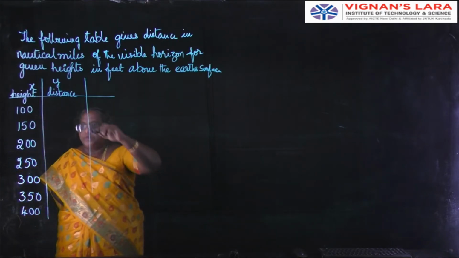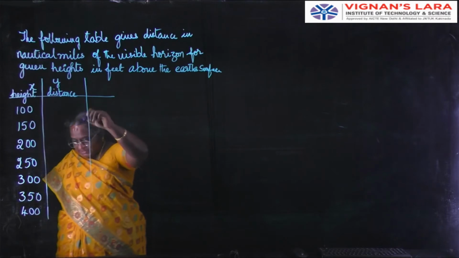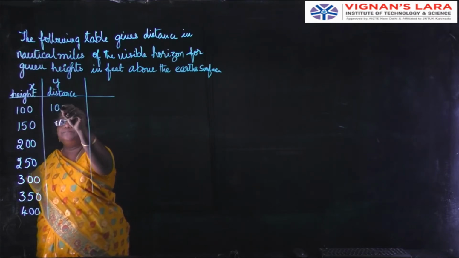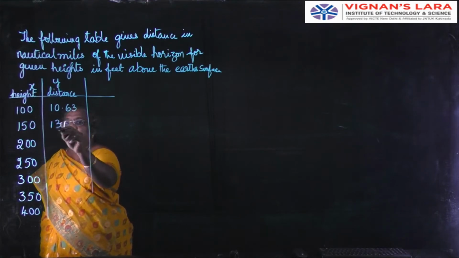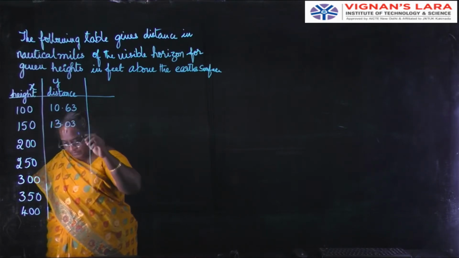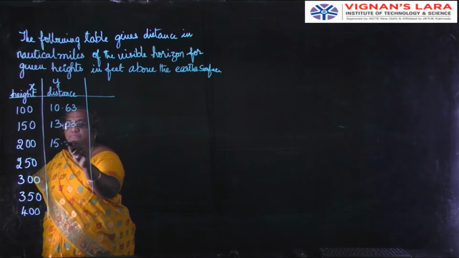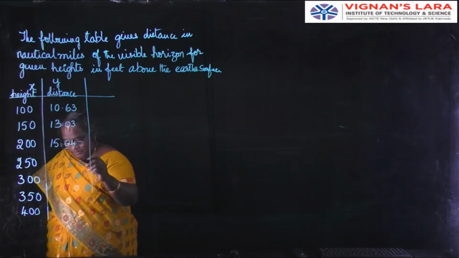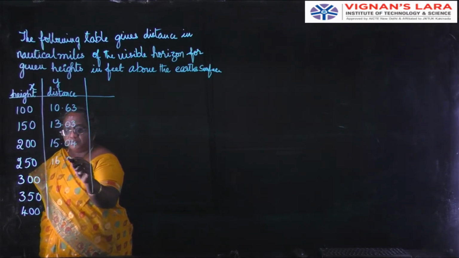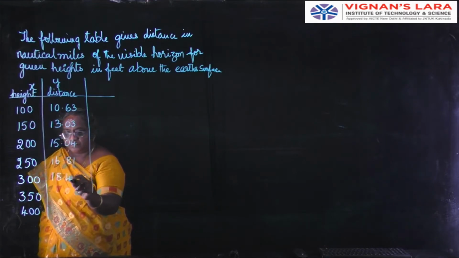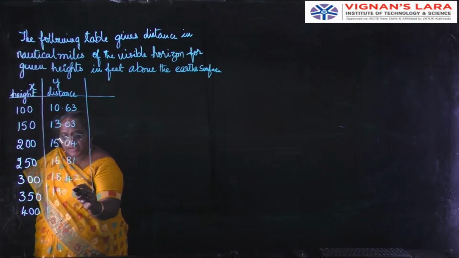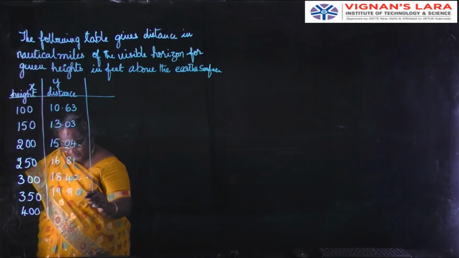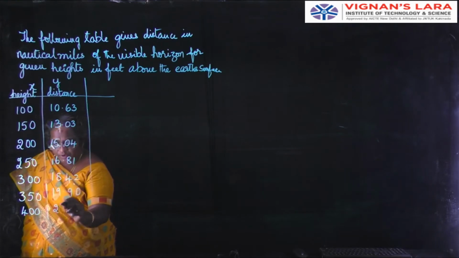So corresponding to height, the distances are 10.63, 13.03, 15.04, 16.81, 18.42, 19.90 or 19.9 simply, 21.27.